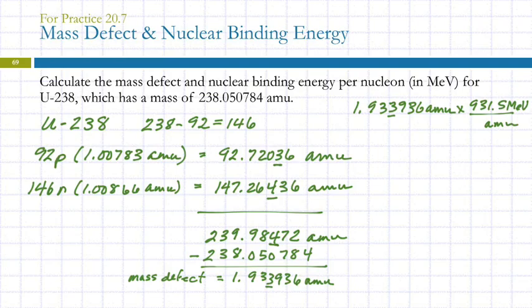So multiply by 931.5, which gives us 1801.461384. Way too many digits.